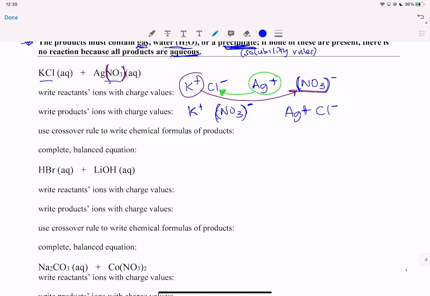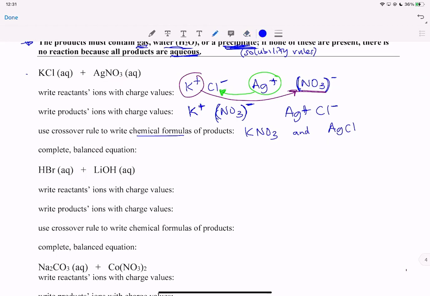So using the crossover rule to write the chemical formulas, you cross any numbers over and down and get rid of the positive and negative signs. This would be KNO3, and the other one is going to be AgCl. Okay, so writing the complete balanced equation, you start with copying the exact chemical formulas that you were given.